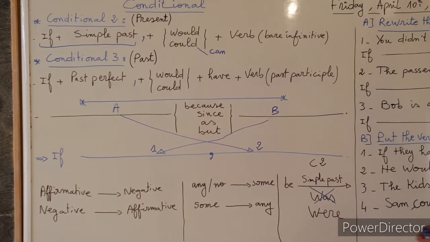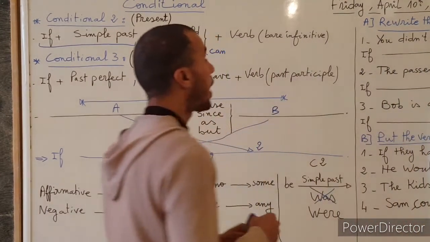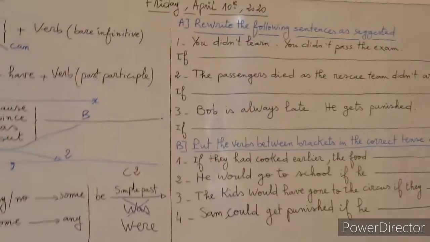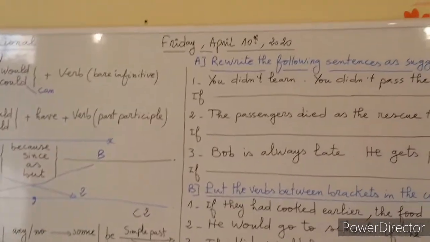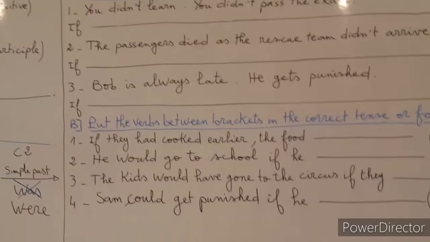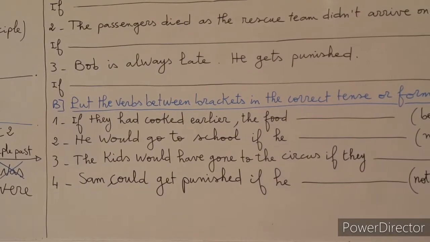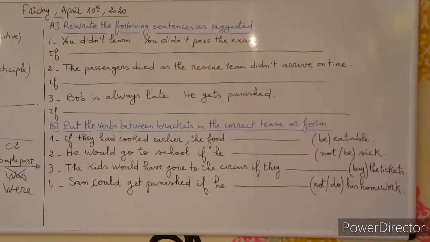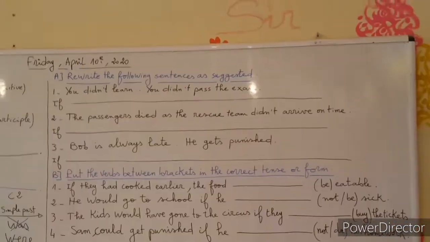Now we are going to move to practice according to the structure or the form that we have in national exams. So, right here, for example, you have the first question here.